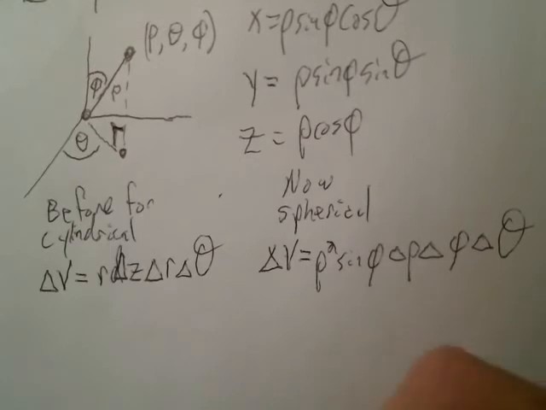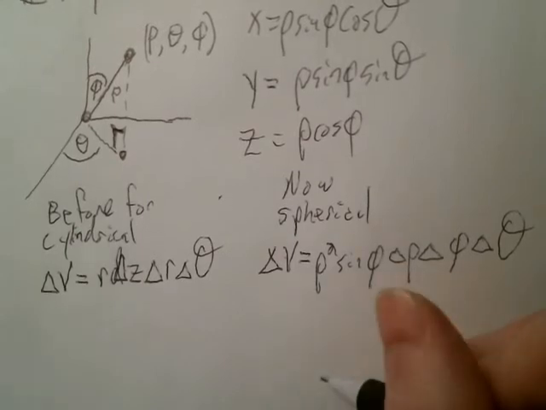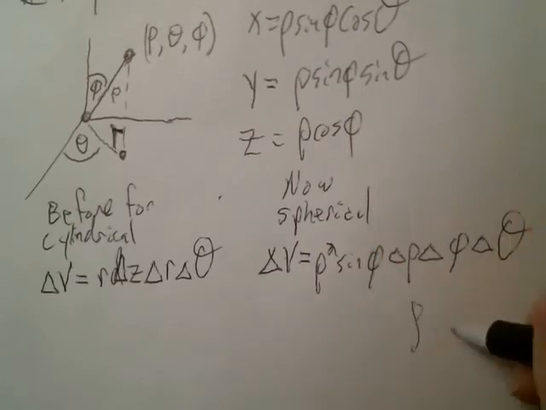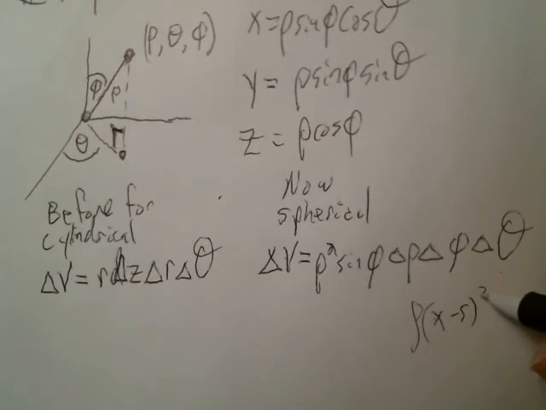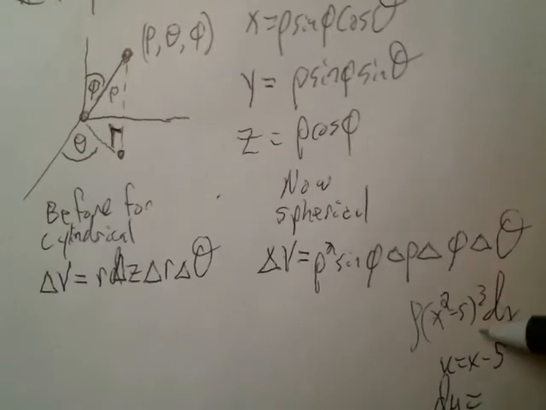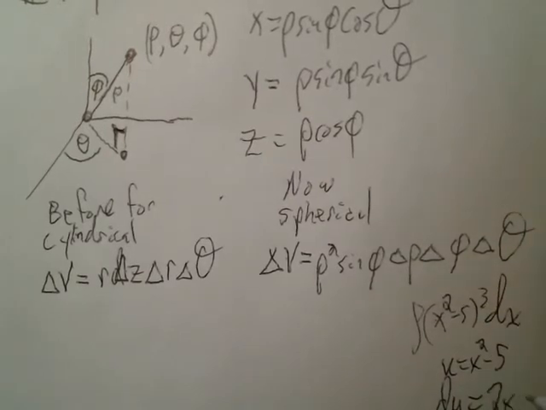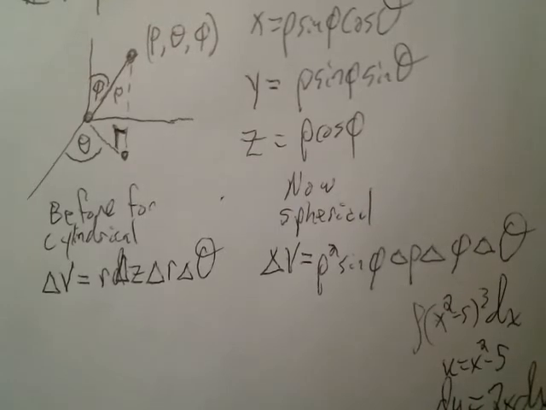But anyways, I think this is a good intuitive way to think of it. It's a substitution. Just like when you do u subs in calculus, you always have to replace your du, right? So if you did a sub for, I don't know, x minus 5 cubed dx, your u would be x minus 5. This isn't a very good one, let's put x squared. Then du would be 2x dx, so dx would be du all over 2x.